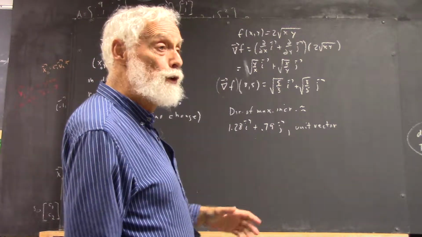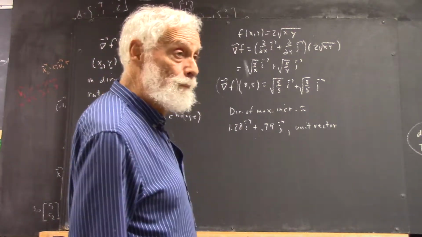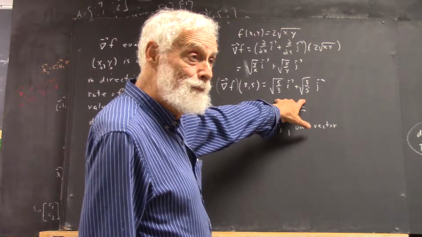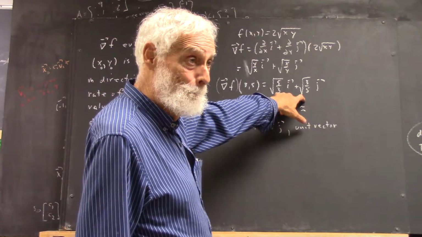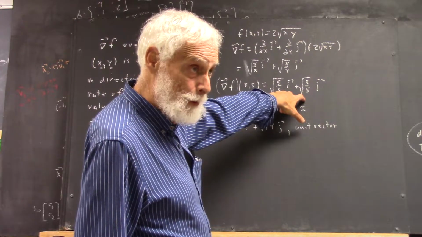If I ask you to give me a unit vector in the direction of maximum increase, what are you going to do? You're going to calculate this, right? And then you're going to divide by its magnitude. Okay?